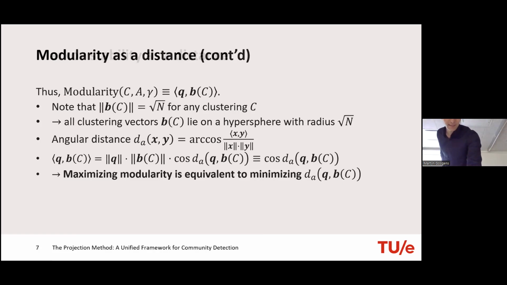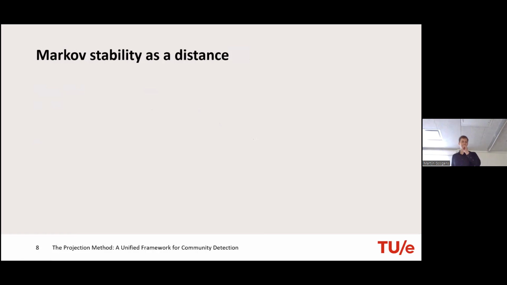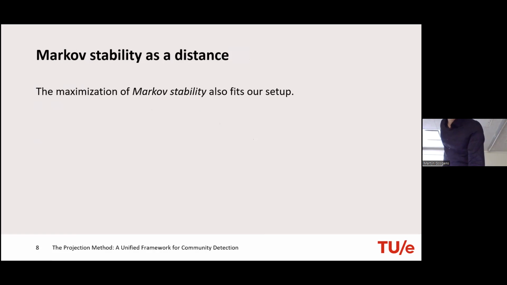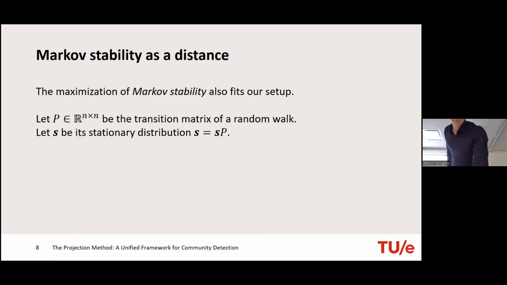So we have seen that modularity maximization is equivalent to minimizing this angle between this point where we map our graph to and a clustering vector. And then there's also this other community detection method. It's called Markov stability. And we show that it also fits this framework.